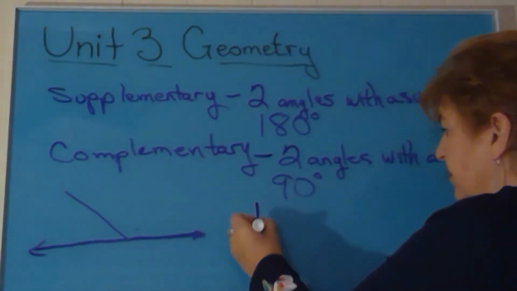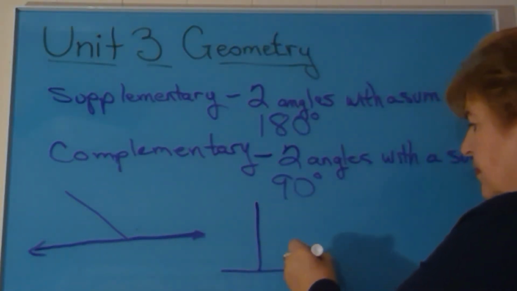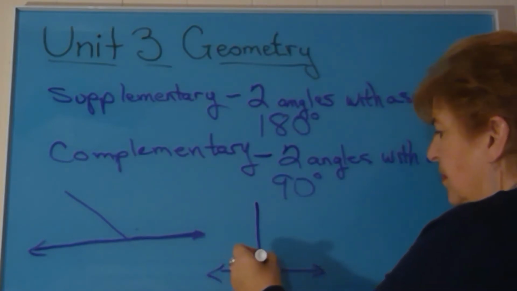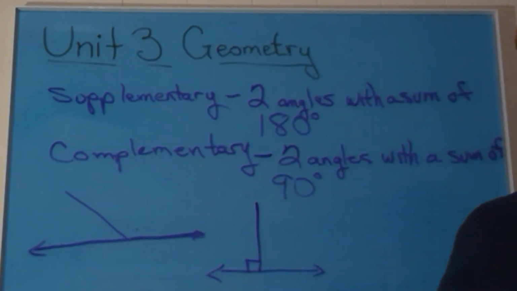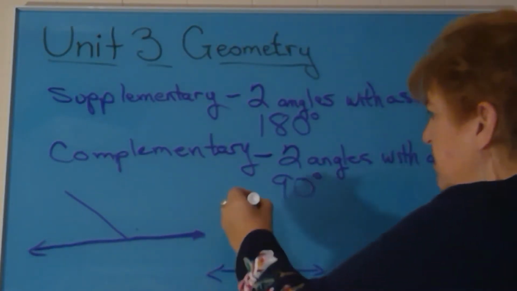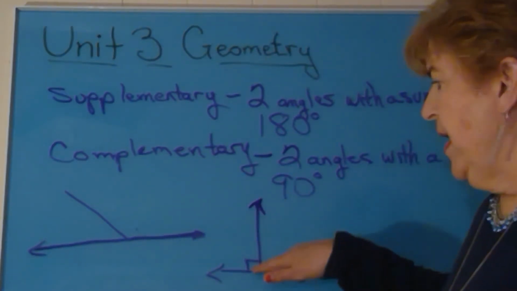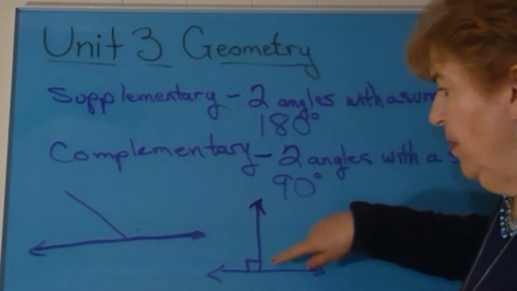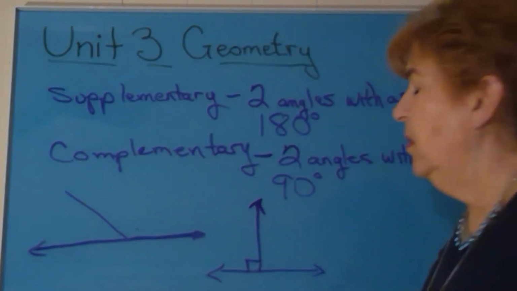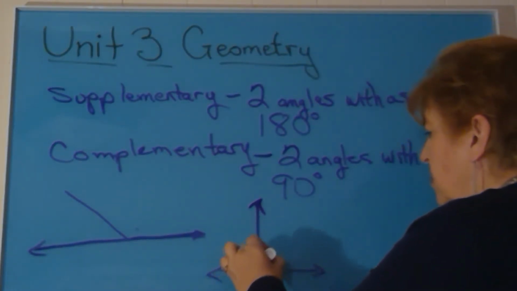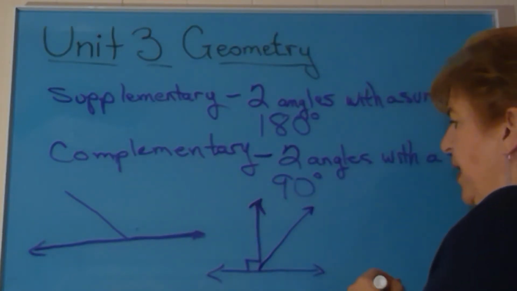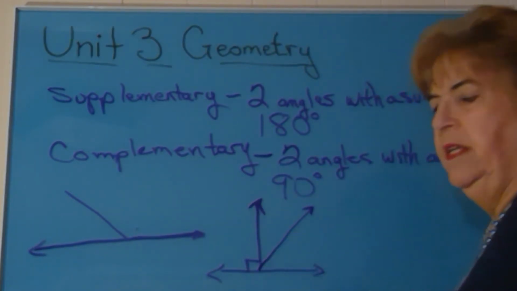Complementary: if you know that you have two lines that form a right angle, that's what that little square means. If you see a square, it's a right angle. Then you know that those two angles form a 90-degree angle.